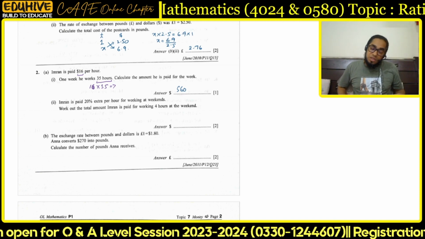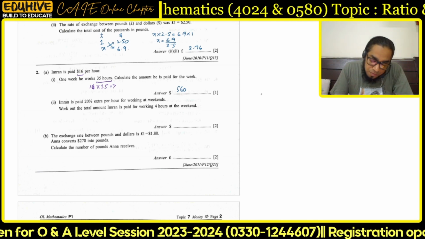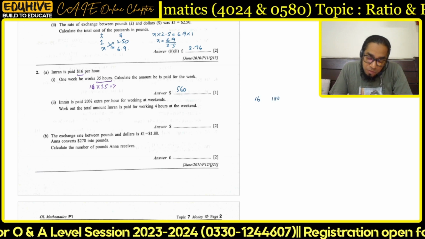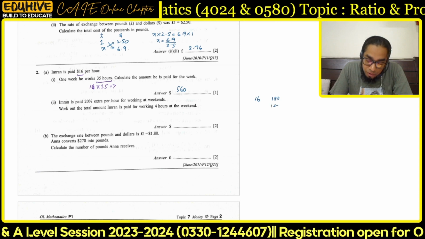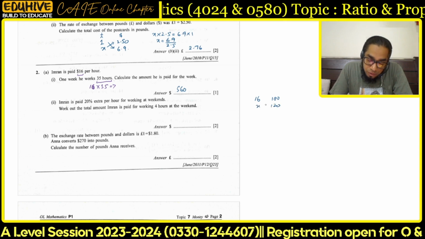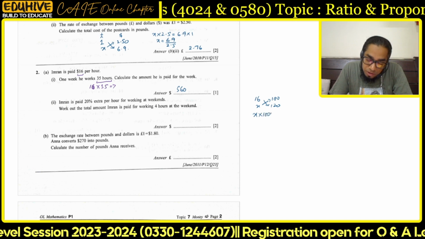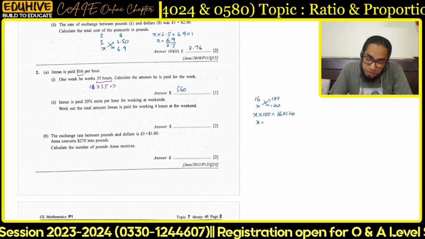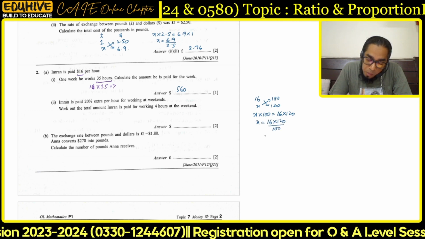Yes, percentage increase formula. Unity method, simply you can see that $16 would be 100%. Yes, Mustafa, you were correct. When you increase 20%, it's going to be 120 and the x will be over here. Now you are going to multiply, that means x into 100 and 16 into 120. That's going to be x equal to 16 into 120 by 100.